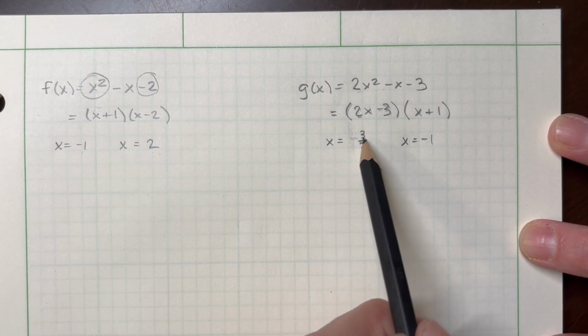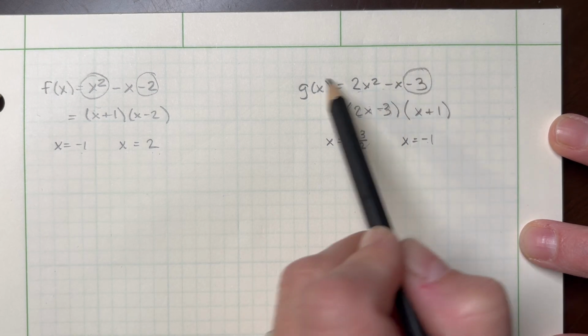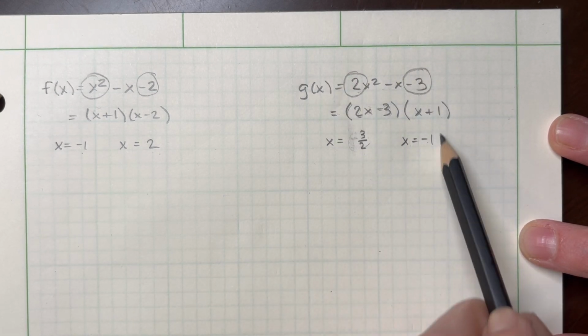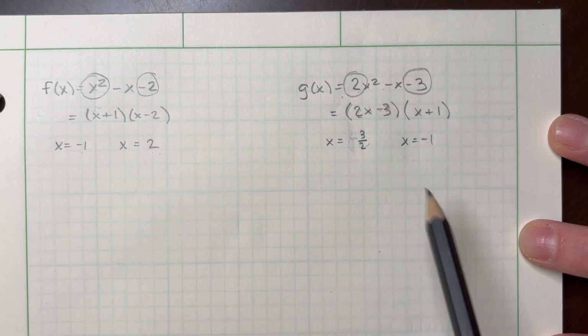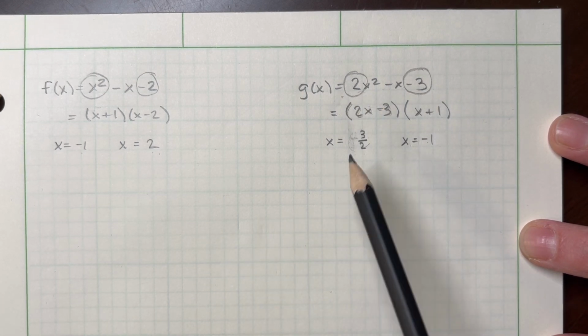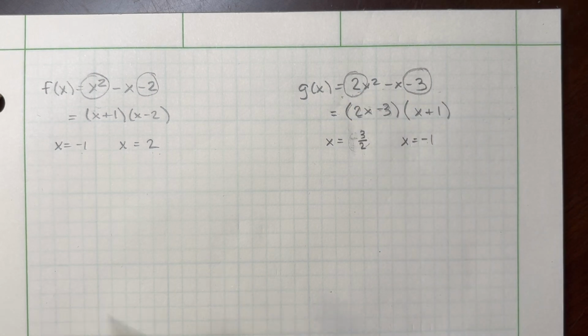And you'll notice this, that these roots, something like 3/2, somehow related to the first and last coefficients. -1, a little less obvious here. There's a connection here to these leading and trailing coefficients.